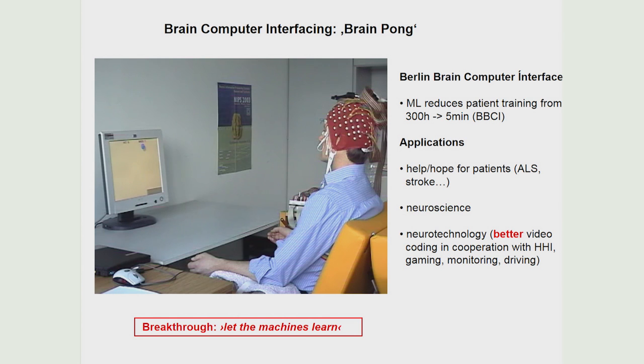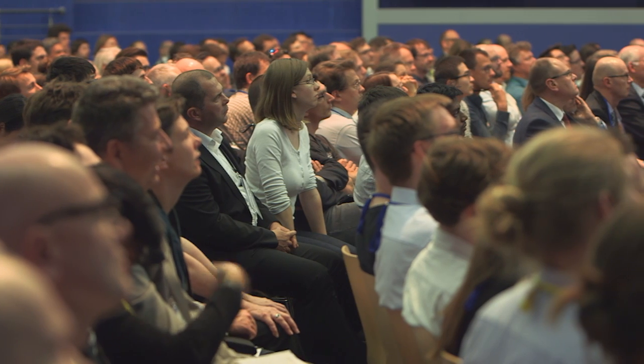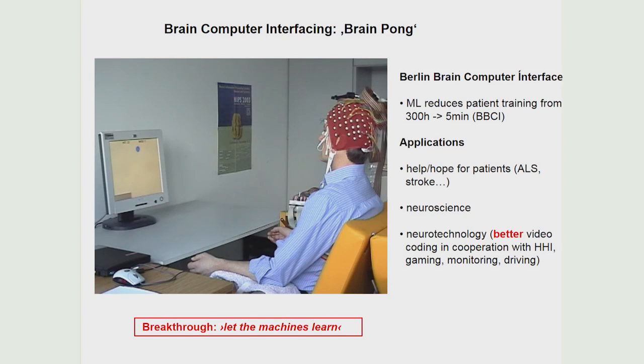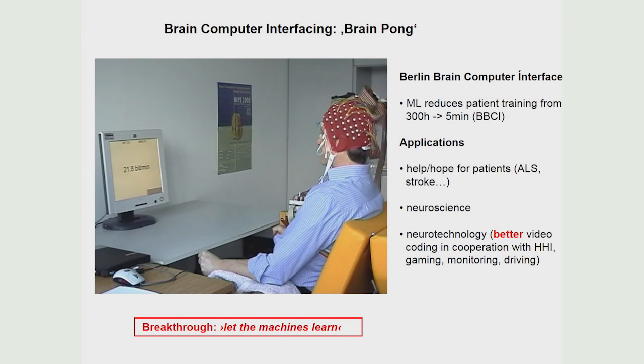This is the Berlin Brain-Computer Interfacing Project, Gabriel Curio's group, Benjamin Blankertz's group, and my group. Before we started with this, people had to change their brain signals by learning for about 300 hours in order to be able to control the cursor. And we can do this in 5 minutes, given some data and the machine learning. So it's an enabling technology for neuroscience, but also for many, many other sciences.